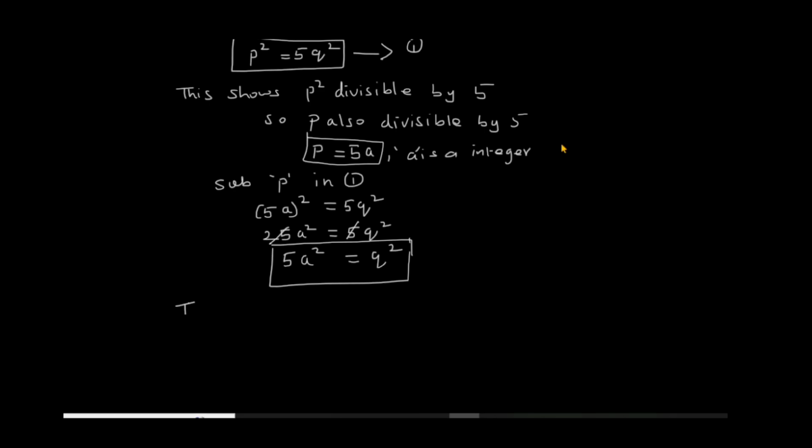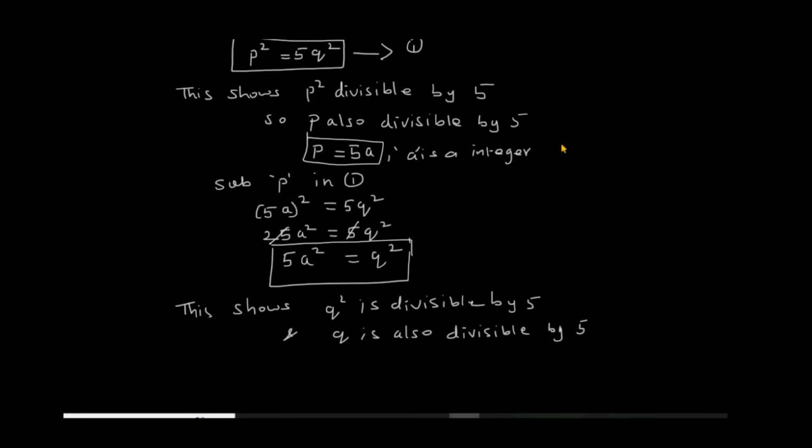So this shows Q squared is divisible by 5 and Q is also divisible by 5. That means you can write Q is equal to 5 times some other integer, 5B, where B is any integer.